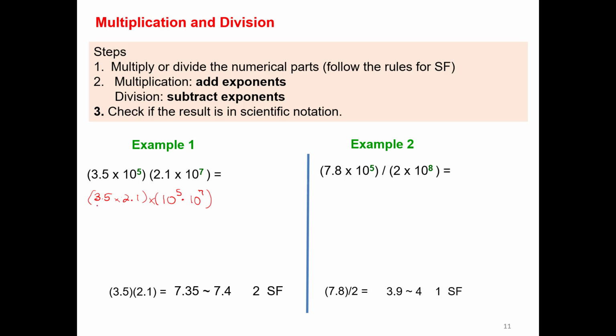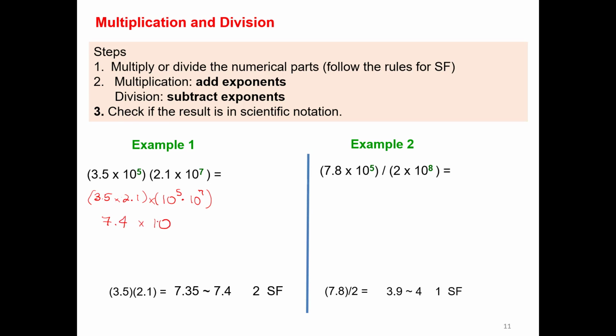Then 3.5 times 2.1 equals 7.35. But we had two significant digits. Remember, in multiplication, we need to pay attention to the significant digits. Then the answer must have two significant figures. And here, the correct answer is 7.4.